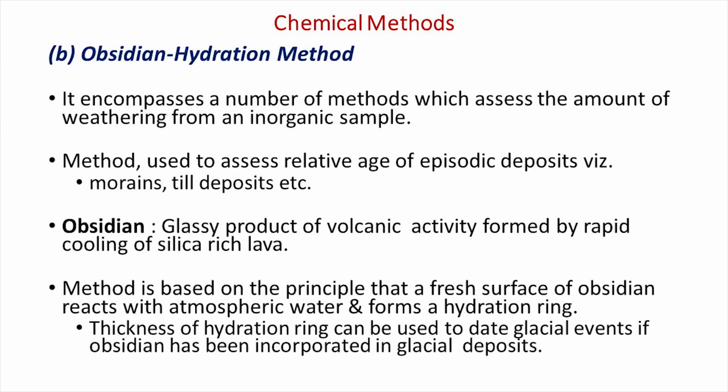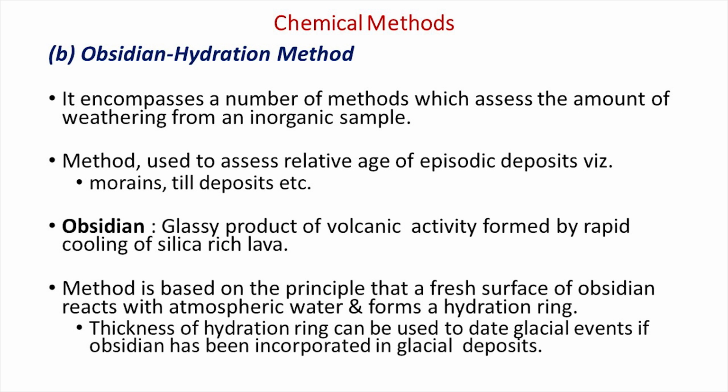Another technique is the obsidian hydration method. It encompasses a number of methods which assess or estimate the amount of weathering that an inorganic sample may have experienced. The method is used to estimate or assess the relative age of episodic deposits such as moraines, till deposits, etc. Obsidians are glassy products of volcanic activity which are formed by rapid cooling of silica-rich lava.